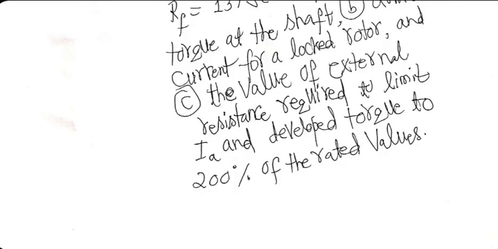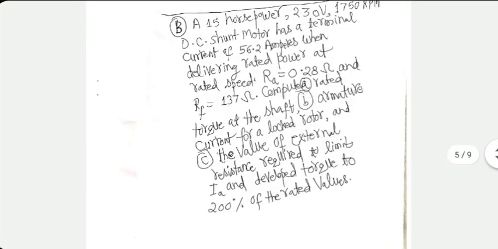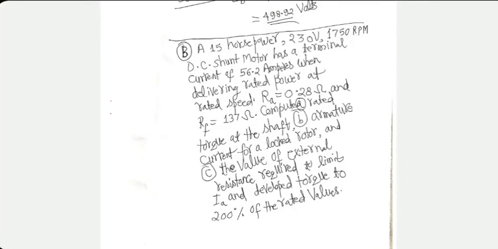This is essentially a problem concerning starters. I was telling you last time that if you don't put anything in the circuit in the beginning, a large current would flow in the motor because EB will be 0 and the motor would be damaged. So you put an external resistance in the circuit to begin with to make sure that the current is not too large.